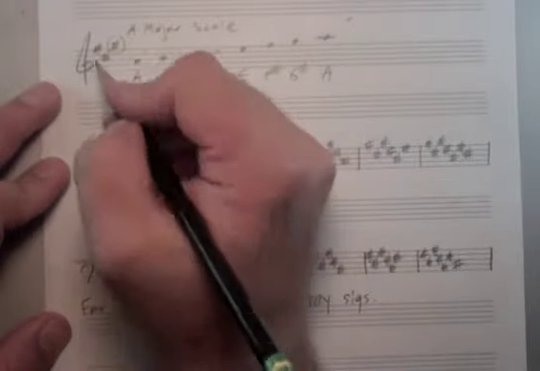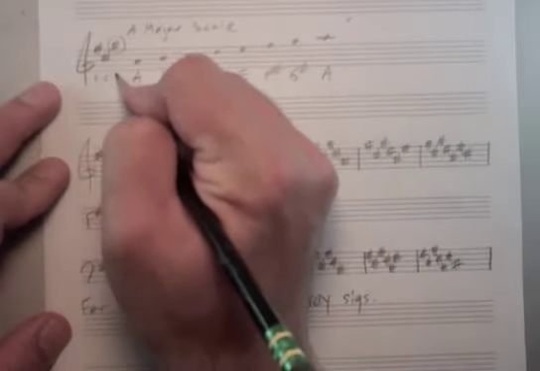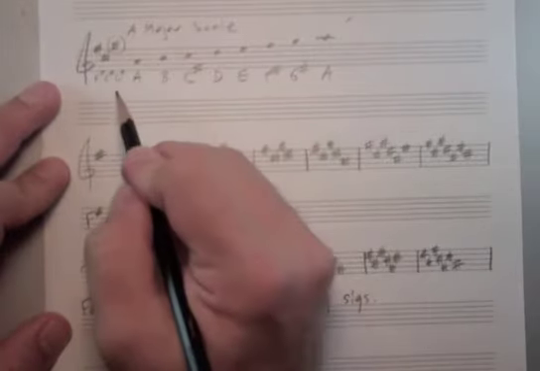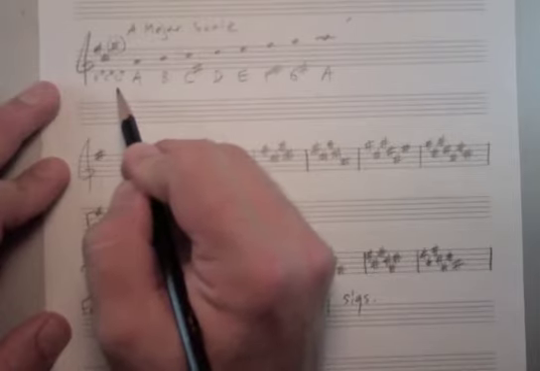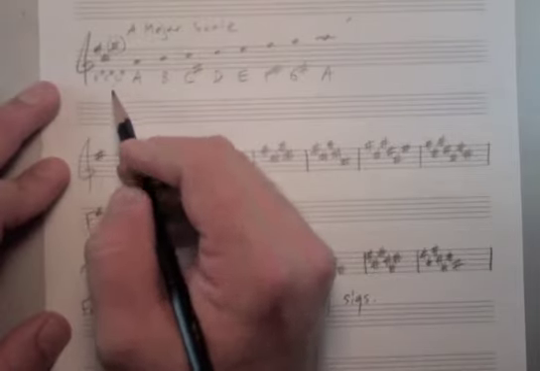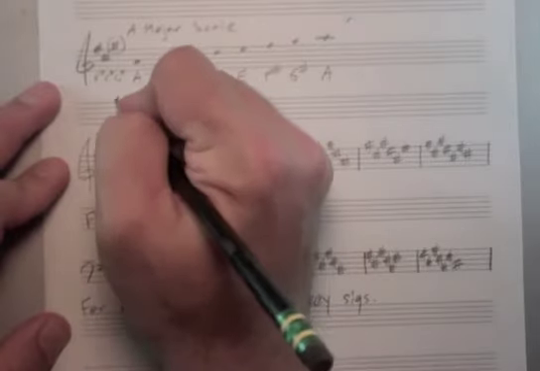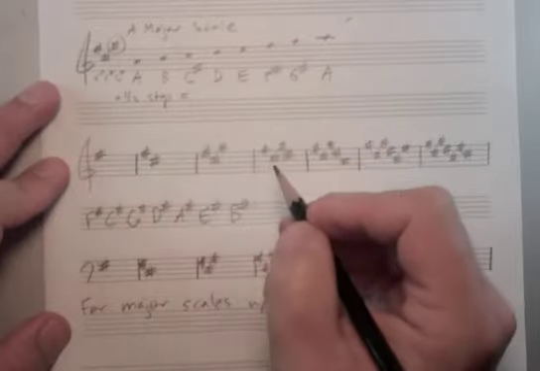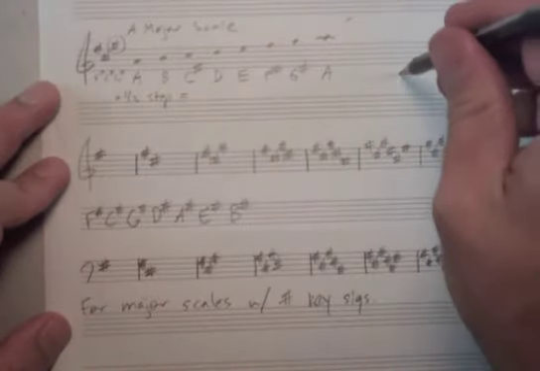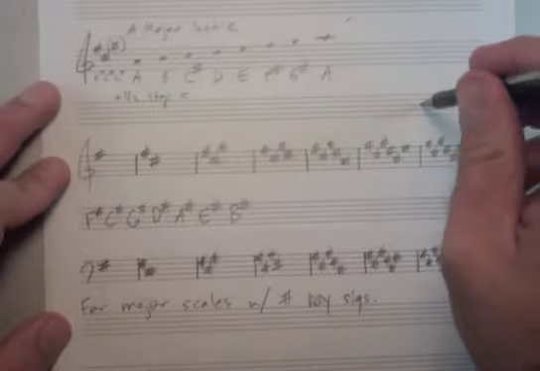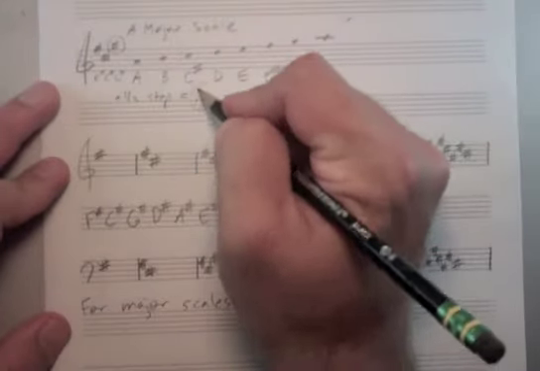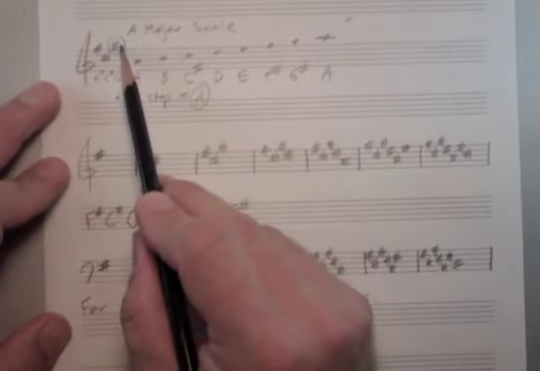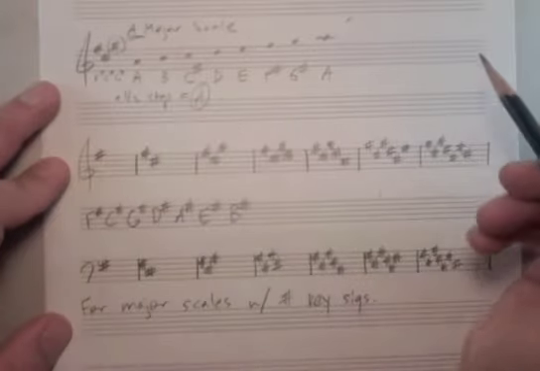So here we have F sharp, C sharp, G sharp, and you go up a half step from the last sharp in the key signature. So G sharp plus a half step. If you think about your keyboard, you're on G sharp, the black key, and you're going to go up a half step to the next white key, which is going to give you A. And so a half step higher than the last sharp is the tonic of the key signature.